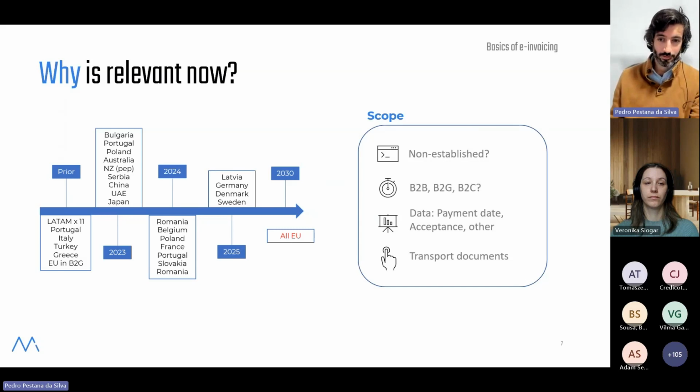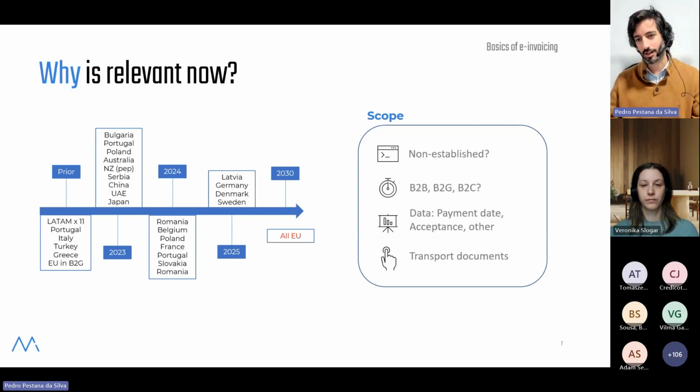LATAM has been doing it for over 15 years, so there are over 11 countries in Latin America that have it in place, and they saw the benefits. But you can see here how the list is growing over the years, and how by the end of the decade, e-invoicing will be the rule and certainly not an exception. So that is the reason why now: because of regulation.